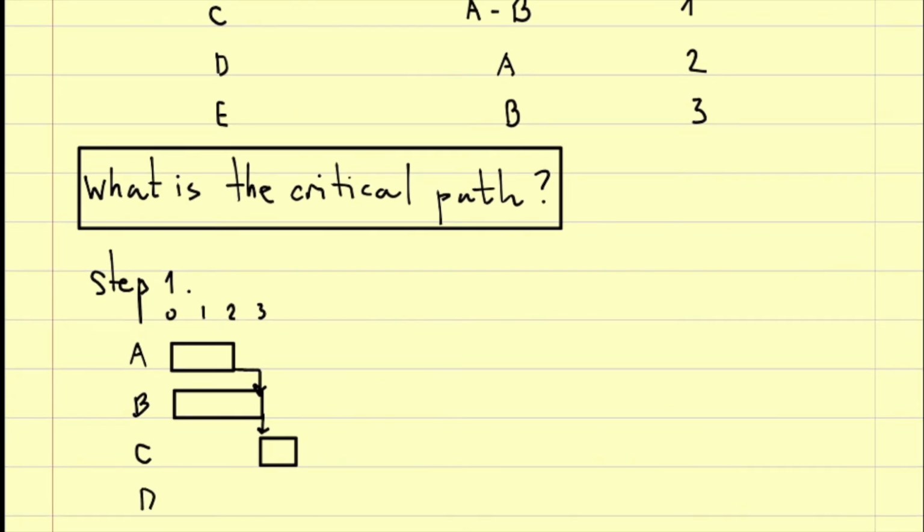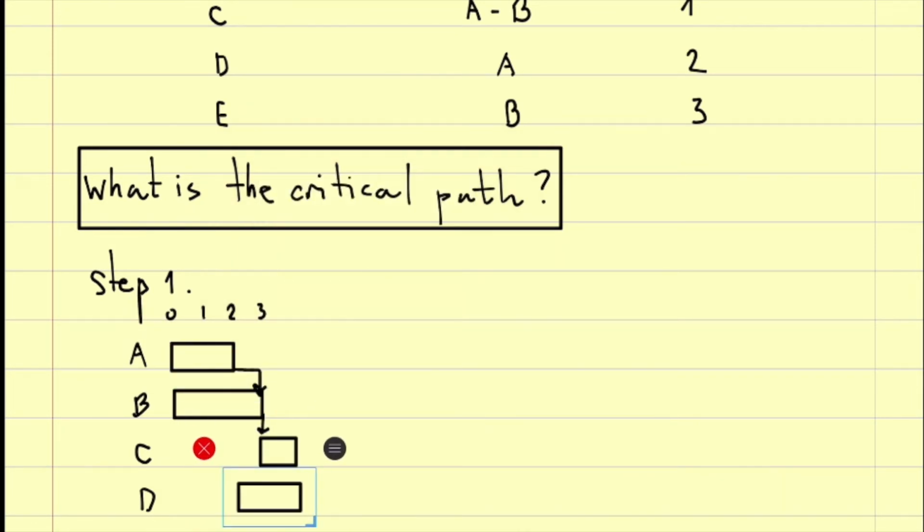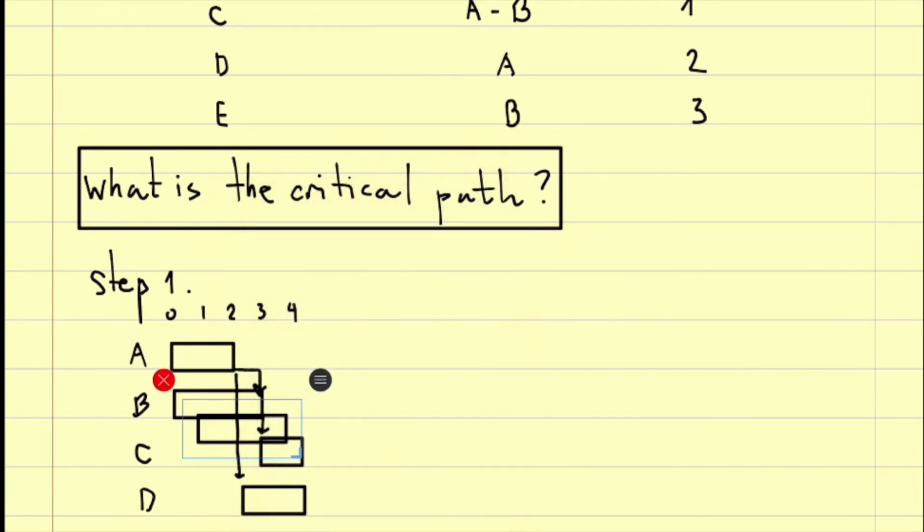Work package D takes 2 time units to complete and predecessor is A. And work package E takes 3 time units and predecessor is B. So are you cool with this?